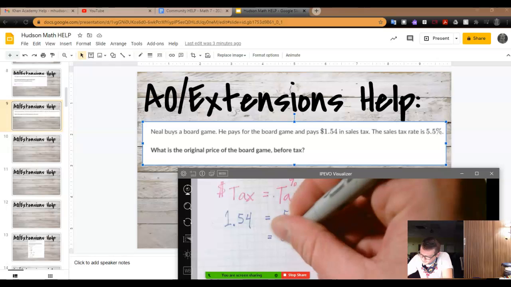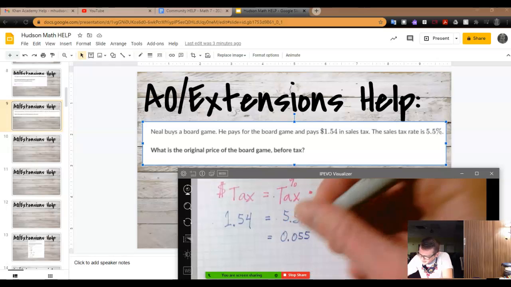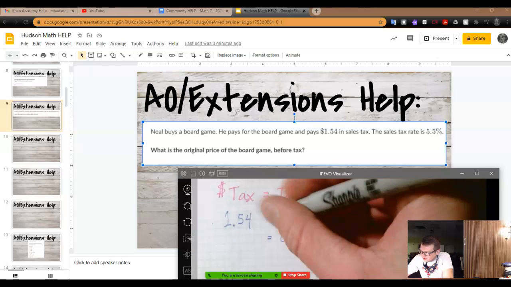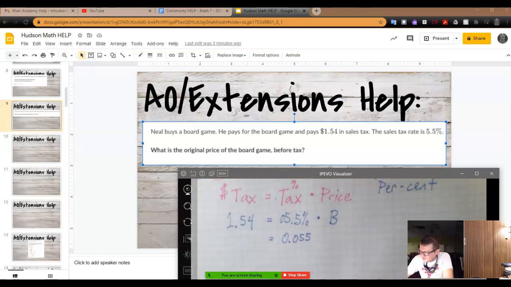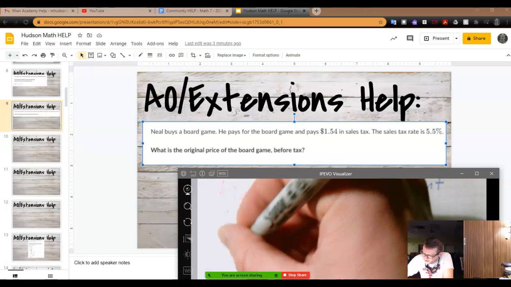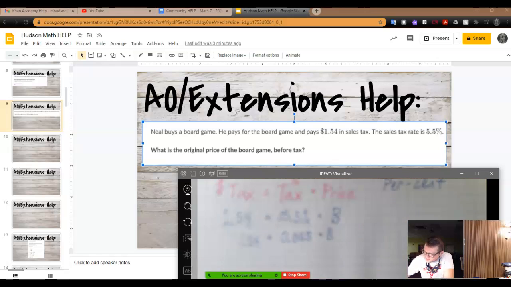So this becomes 0.055. The other thing we said that you can do is swoop this over twice, which would mean we'd have to add a 0 out here. That is still times B, and still equal to the $1.54.